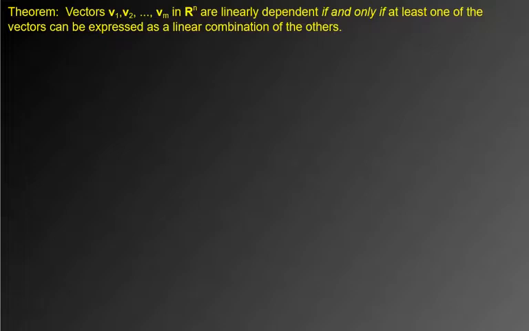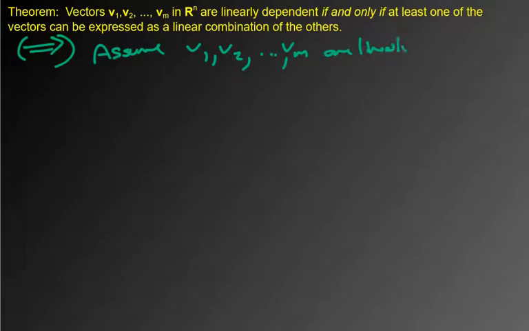So if it's one of these if and only if problems, I'm going to start and prove the forward conditional. So I'm going to assume that v1, v2, all the way up to vm are linearly dependent.